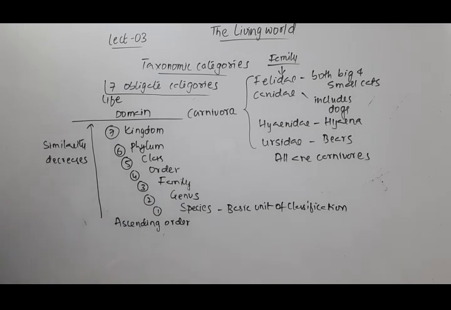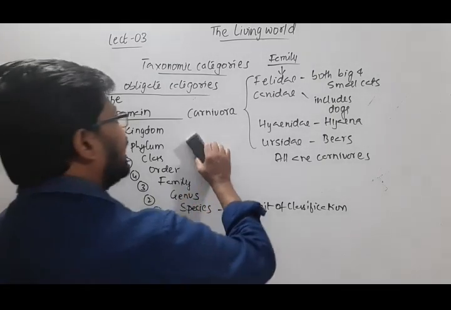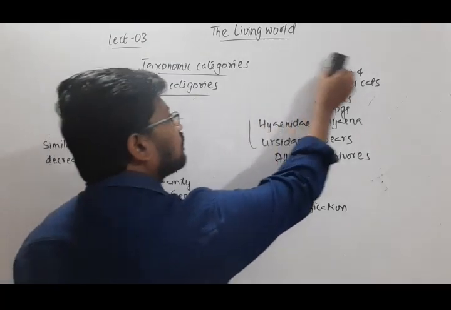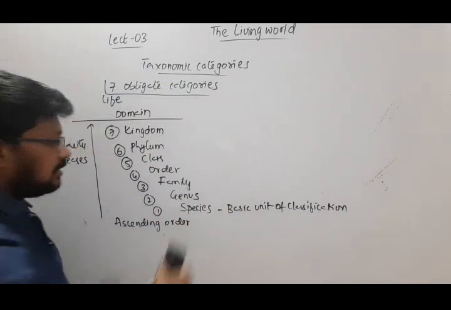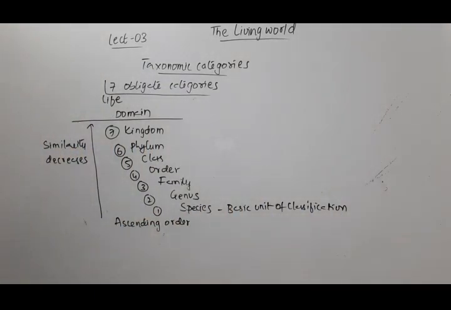And then coming to the next taxonomic category, that is class. Related orders are going to be included under one common class.